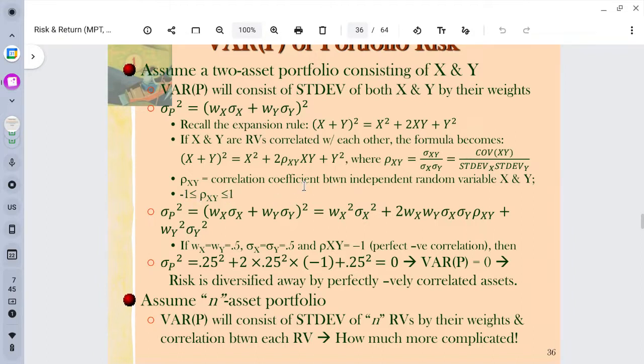Think about it. Perfect correlation is 1, right? Perfectly negative correlation will be -1. So think about it. As I said, if you have an identical twin, the correlation will be close to 1, right? 0.9 something. And if that twin is an evil twin, then the correlation coefficient will be like -1.